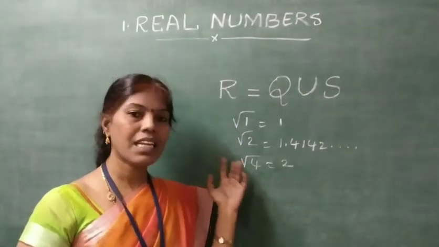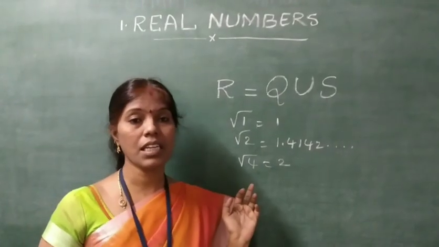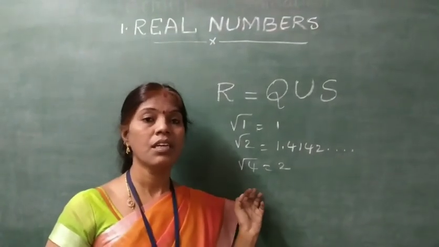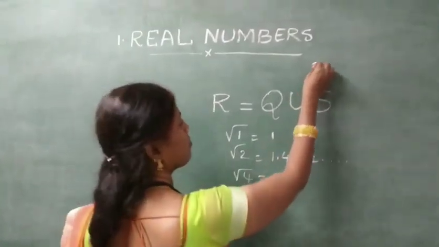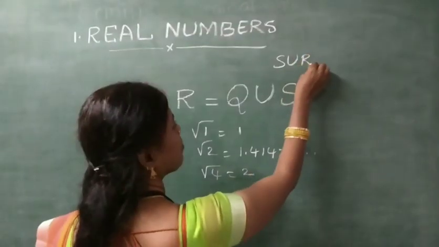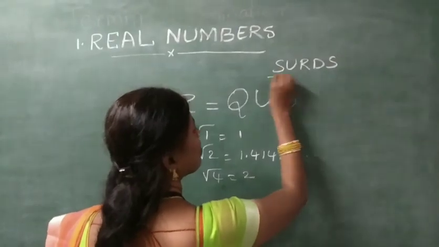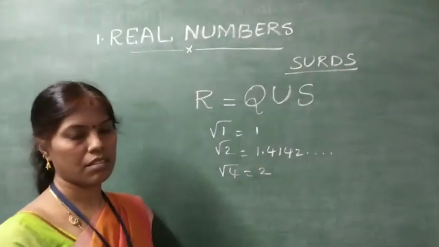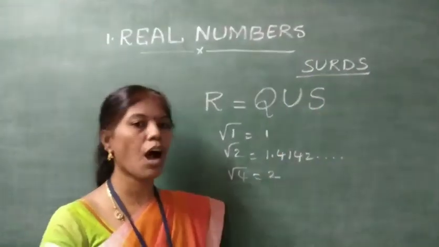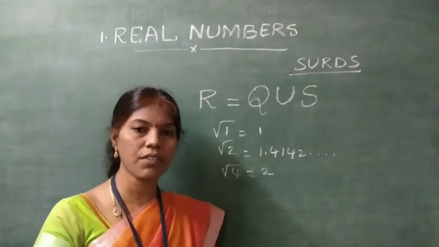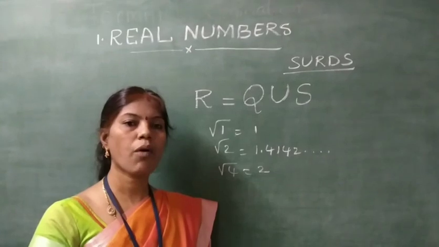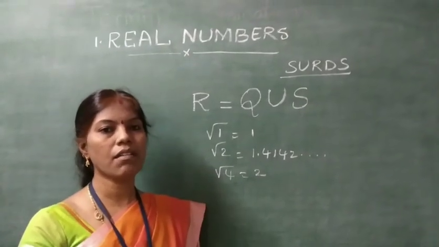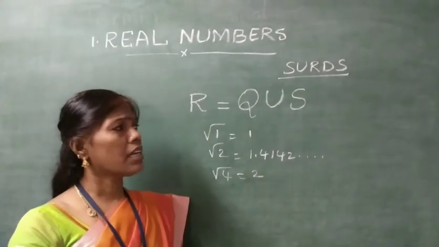Now, there is another name for these irrational numbers that we are going to learn today, that is nothing but surds. First we will learn how the word surd came into existence. Around 820 AD, Al-Khwarizmi used a word for irrational numbers.